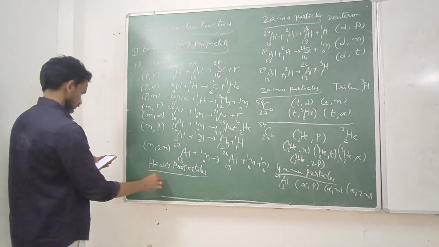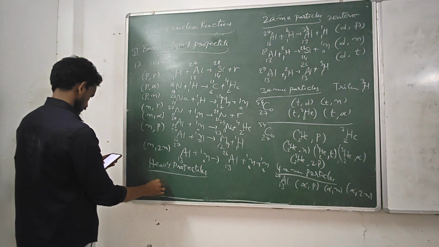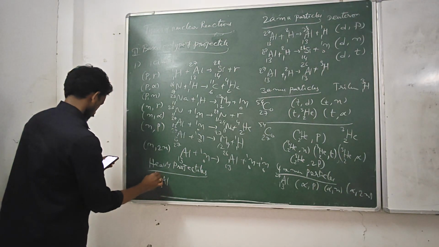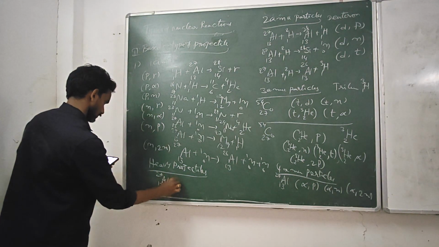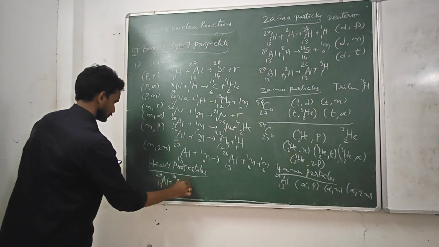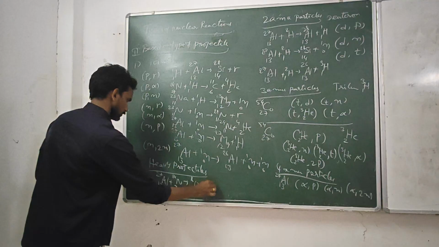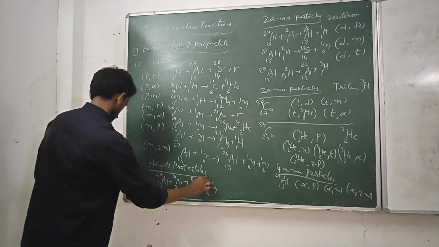So here it is: Al1327 plus N714 gives you O816 plus Mg1225.